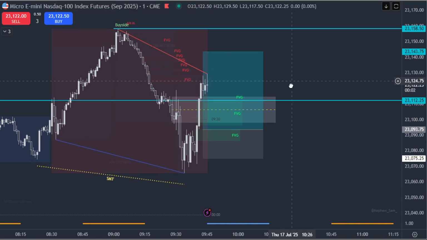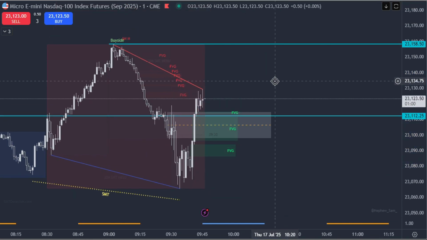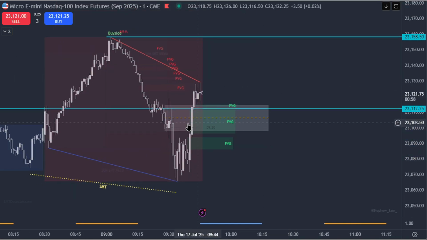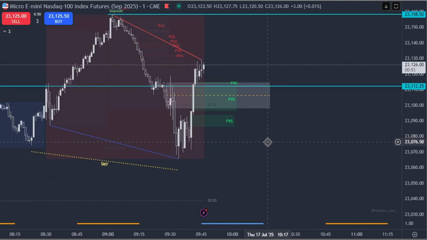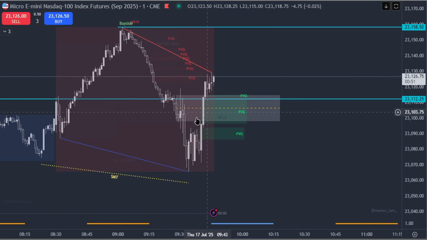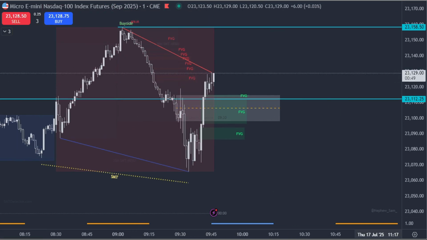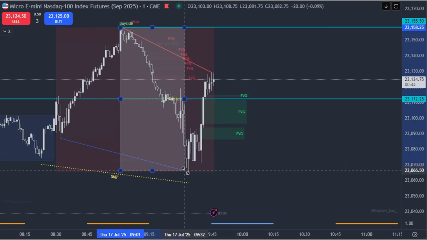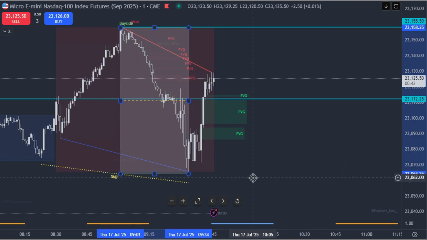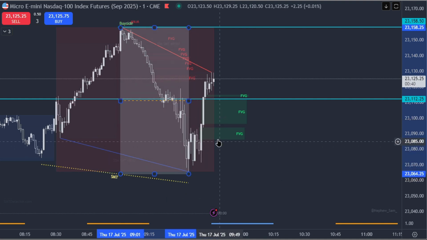But when the algo goes into a buy program, just like it did now, it doesn't need to go all the way down here. Whenever this side over here starts getting disrespected, then you know the order flow changed.